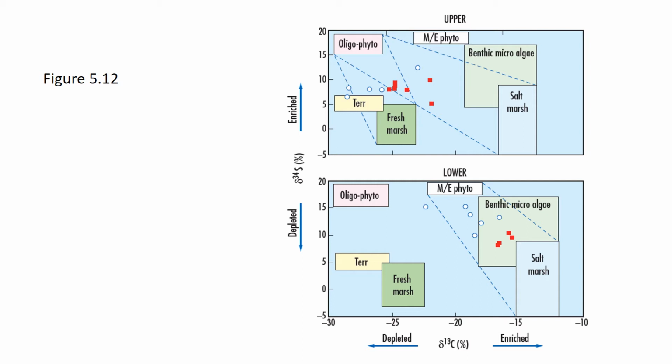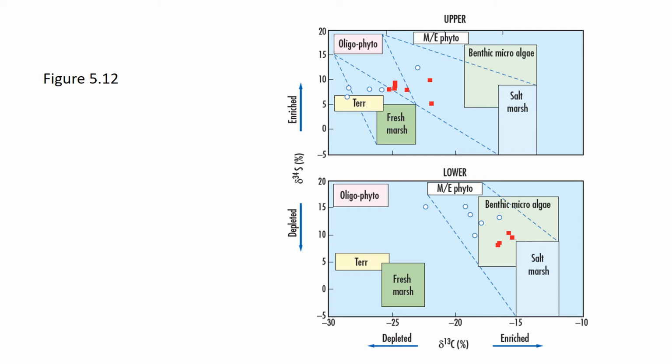The stable isotope ratios associated with freshwater marshes in the green box, then the stable isotope ratios of salt marshes, and also benthic microalgae. And this is shown for two sections of the estuarine system, the upper estuary and the lower estuary, which is shown in the lower panel.